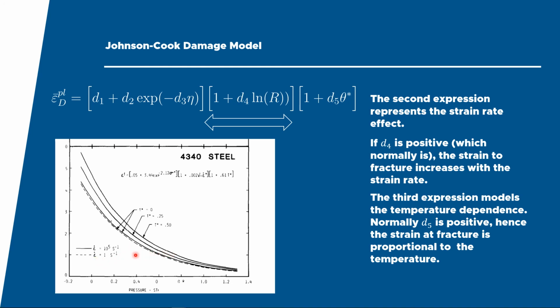However, if we increase the temperature, it really increases well. So you can see the temperature has a bigger effect on the plastic strain at failure, but both parameters affect the equivalent plastic strain in the same way.